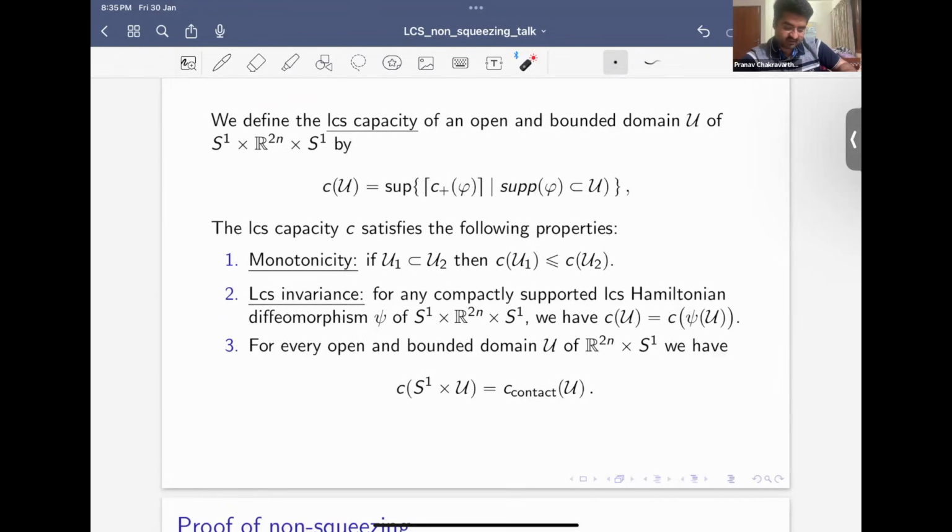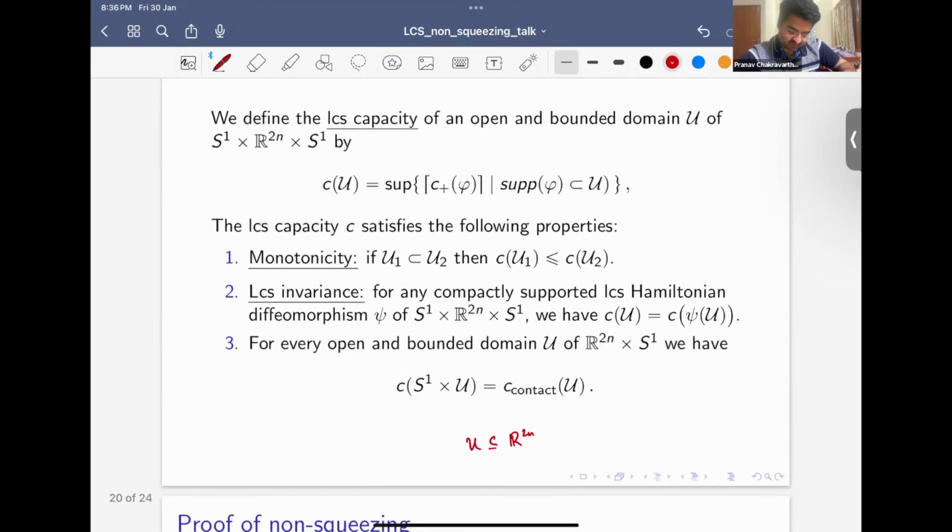If I have an open set U on the contact manifold R^{2n} times S^1, and I lift it to U times S^1 inside S^1 times R^{2n} times S^1, you can show that the LCS capacity of S^1 times U is the same as the contact capacity of U. And in fact, if I start off with an open set U inside R^{2n} and lift it to an open set inside R^{2n} times S^1, this is also equal to the Viterbo capacity in the symplectic case of U.